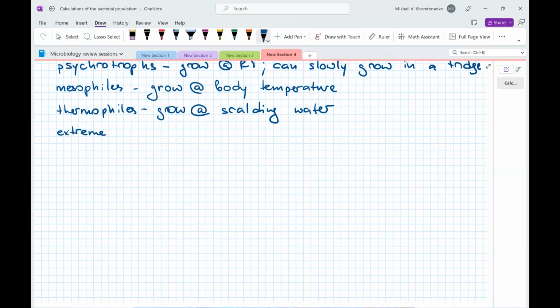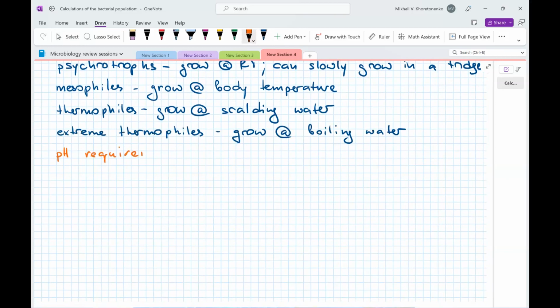Extreme thermophiles grow at boiling water temperature. Does that make sense to you all, folks?